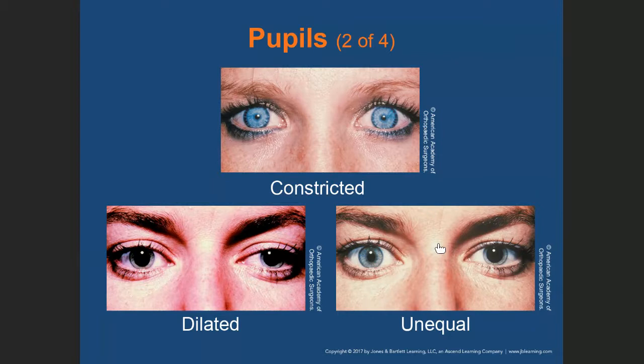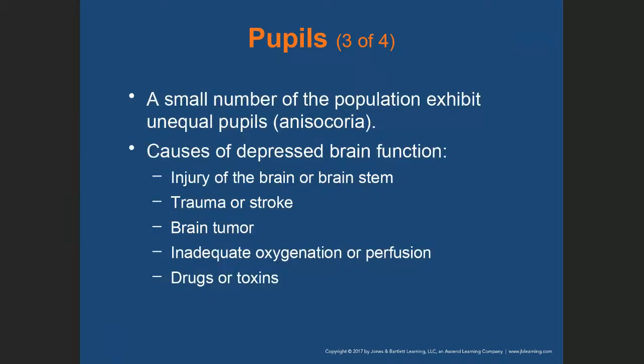It can also be that the patient was born that way. The patient could be born with unequal pupils. It's called anisocoria. But until you have evidence to support that it is anisocoria, think about head injury. A small number of the population exhibit unequal pupils, anisocoria.